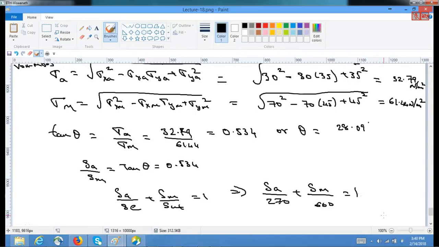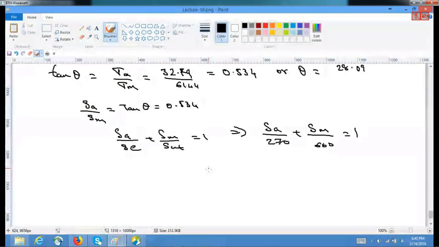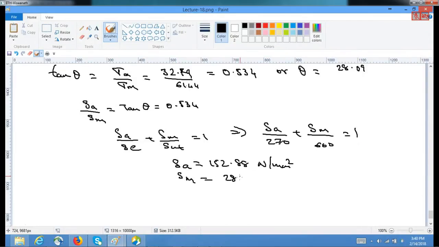By solving both the equations together, we can find SA is equal to 152.88 Newton per mm square and SM is equal to 286.29 Newton per mm square, and the factor of safety is SA by sigma A, that is 152.88 divided by 32.79, which is equal to 4.66. That is the answer.